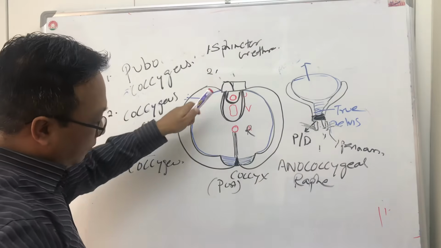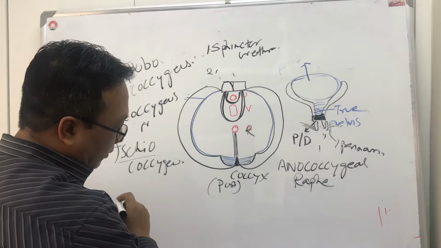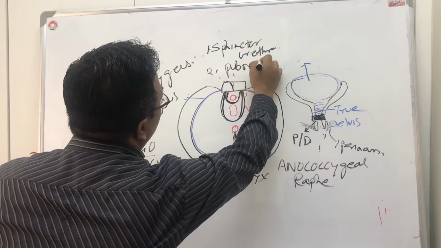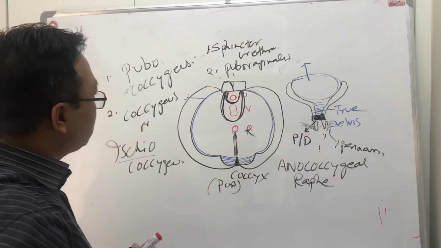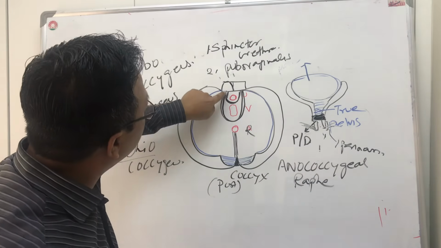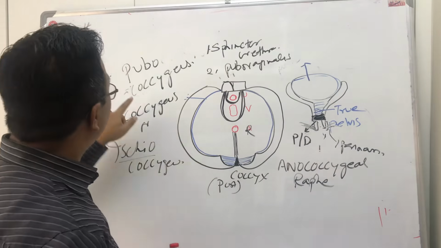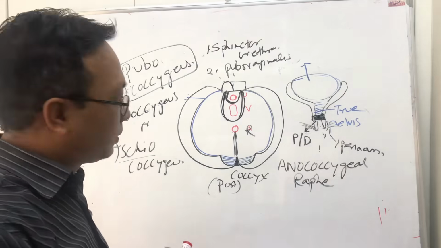Next you've got pubovaginalis. So sphincter urethra, pubovaginalis. These are all modifications of the pubococcygeus muscle. Remember that.